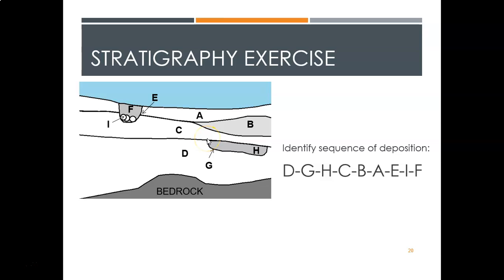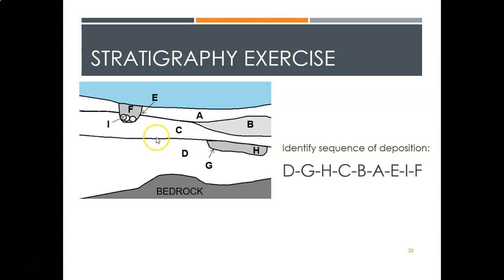So using the principle of intrusion, we know that G must be more recent than D. Because G is below C, it must be older than C. So our sequence now is D as the oldest, followed by a cut into D, which is G. That cut or that pit feature is then infilled, which is H. And then all of this is then deposited over by C. Okay, so those are our first four strata or units.